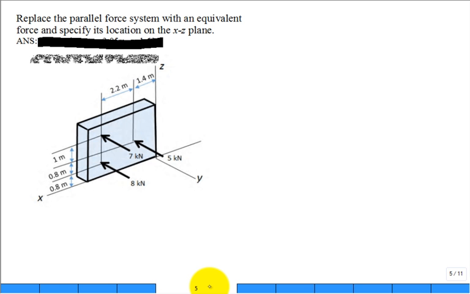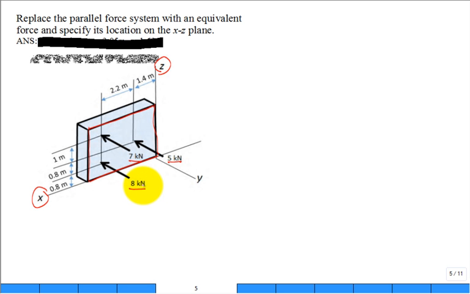Replace the parallel force system with an equivalent force and specify its location on the XZ plane. So this is a surface. Here's a face of an object, and it's in the XZ plane. And you have three forces: 5 kilonewton, 7 kilonewton, and an 8 kilonewton force applied.